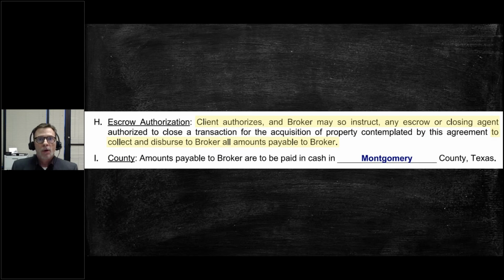And so you don't know what county the property is going to be in. So listing the principal place of business and where the county or the property sits becomes problematic. That is an awfully small blank, and so you don't want to try to list every county that HAR services. So that's just not what that's designed for. So I typically put the county where the brokerage has its principal place of business.